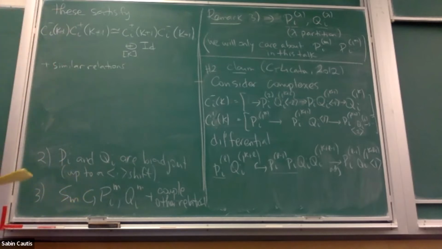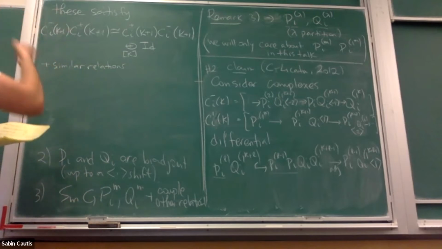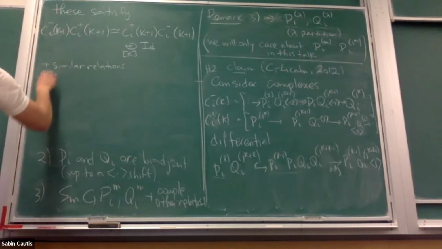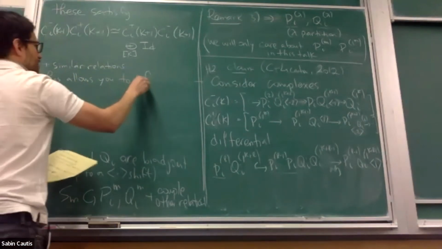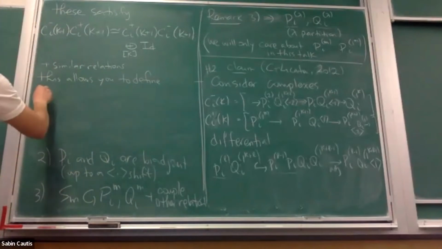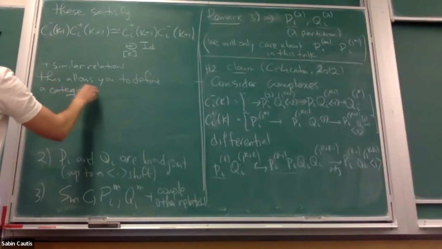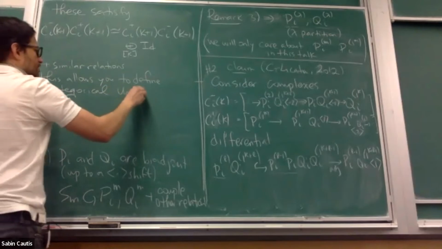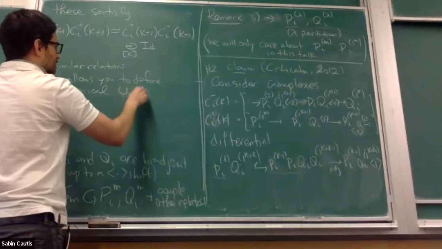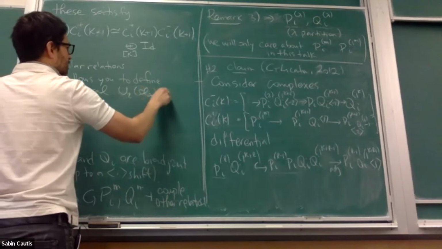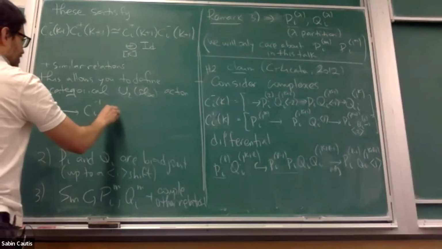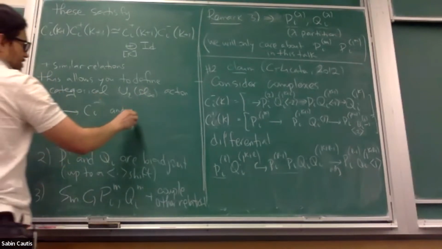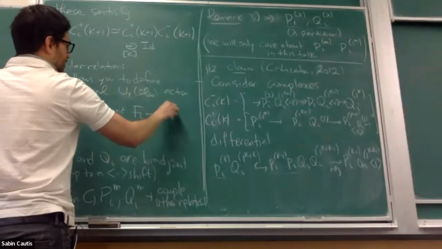But secondly, you can summarize it by saying that this allows you to define a categorical SL infinity action, in fact a U_q SL infinity action. How? By taking Ei to Ci minus and Fi to Ci plus.